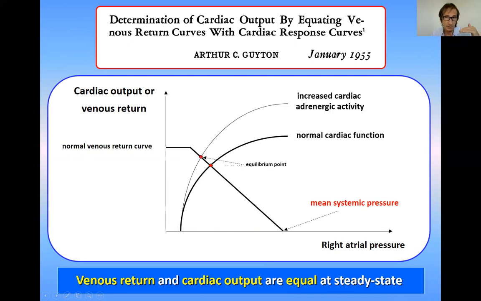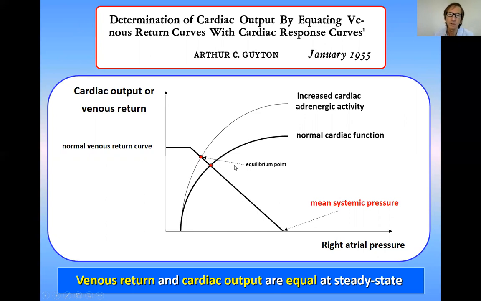If there is an increased cardiac adrenergic activity, for example during stress conditions or after administration of beta-1 adrenergic agents like dobutamine, you should have no change in the venous return curve. So this is the same venous return curve, but a change in the Frank-Starling curve.